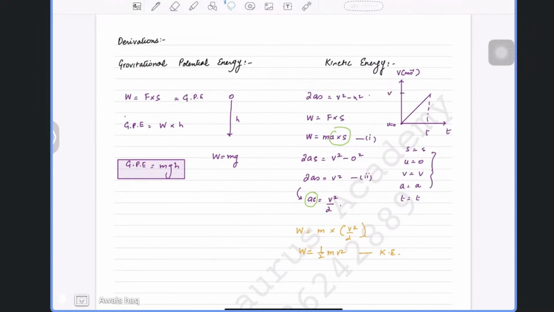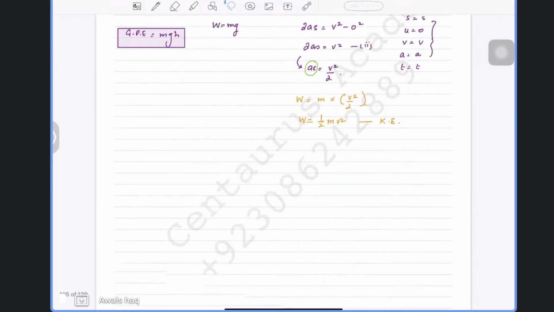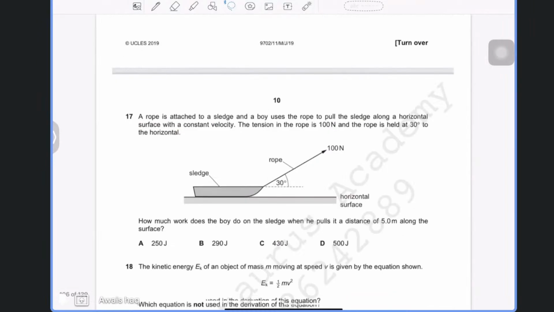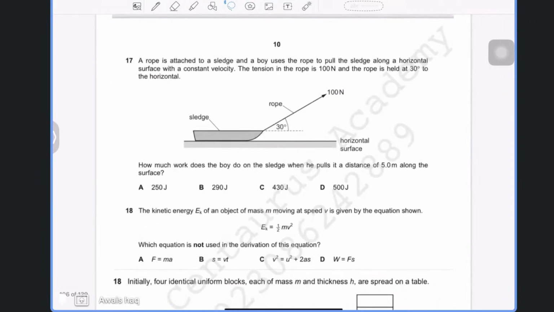Keeping that in mind, we're going to go towards the next thing and talk about this question. It's a very simple question, though not very easy. It says a rope is attached and the tension in the rope is 100, and the rope is at 30 degrees.